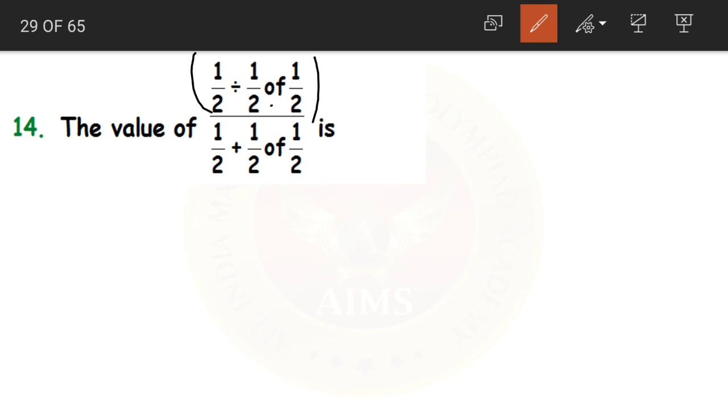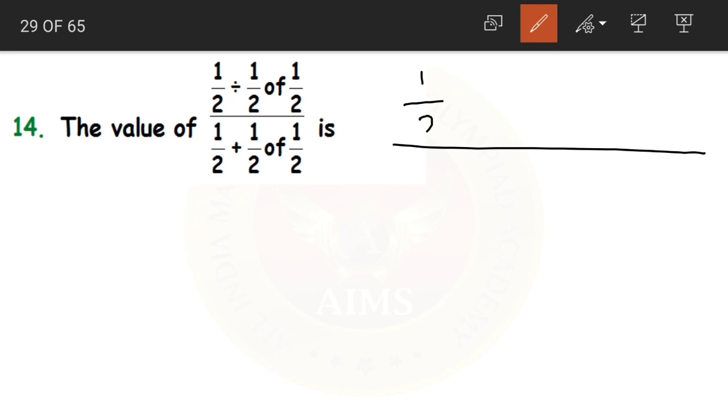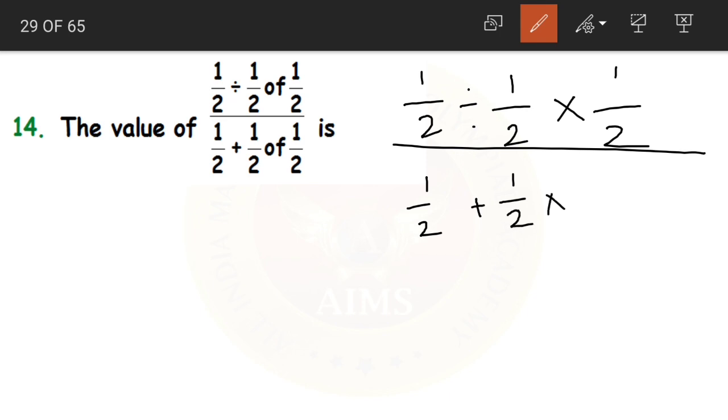We should do the operation of off. Yes, brackets of division. So first comes off. So let us do the off part first in both the numerator and denominator. See, 1 by 2 divided by 1 by 2 into 1 by 2. What is off? Off is nothing but multiplication, right? Yes, off is nothing but multiplication. And next, what comes next?